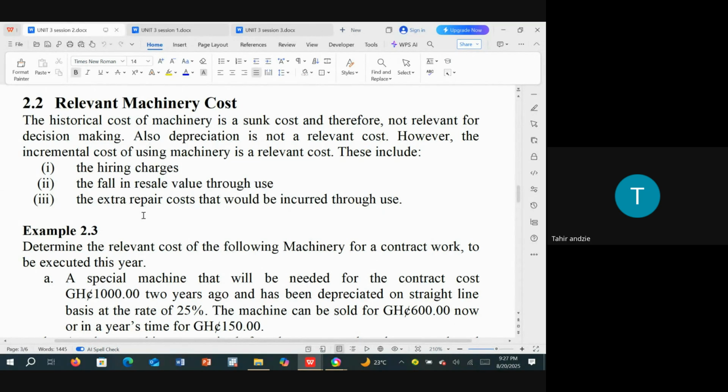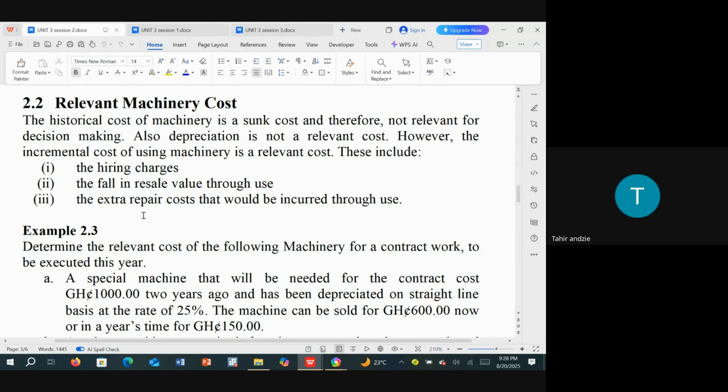For example, in producing pato, if we hire a machine for a period and pay the hiring charges, then it becomes a relevant cost because we have gone for that machine specifically for that particular product.